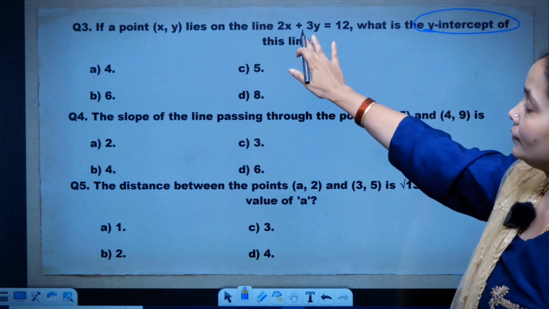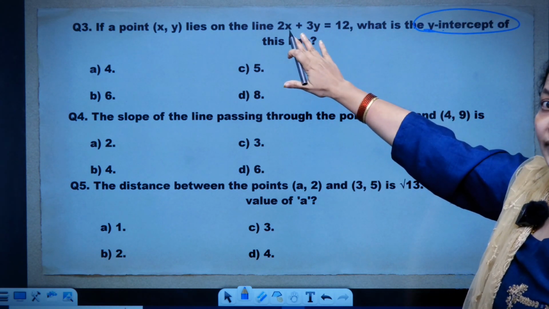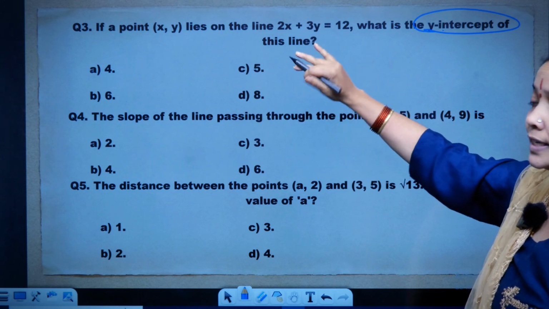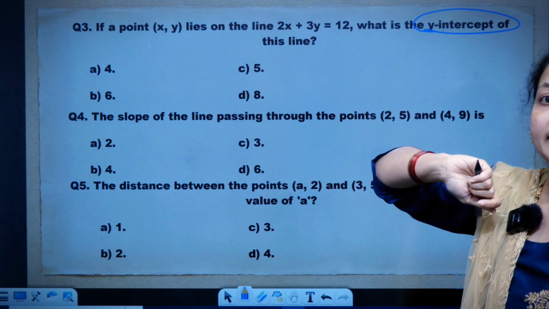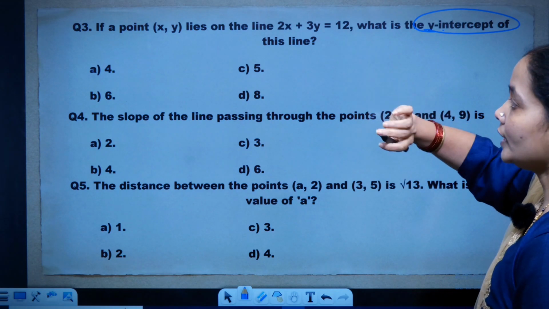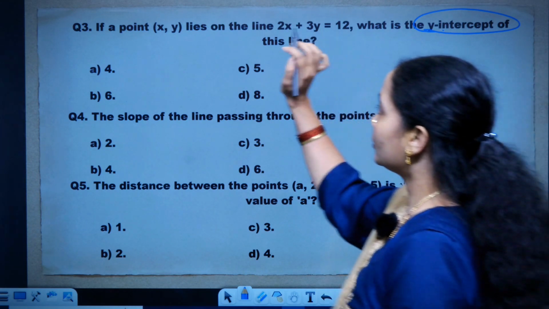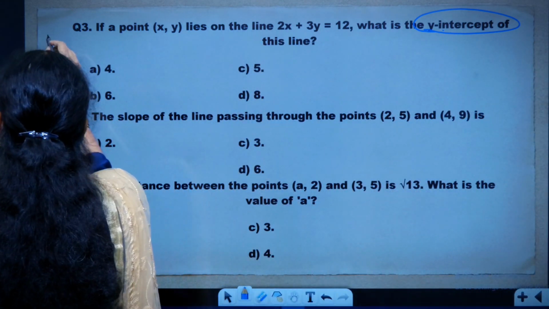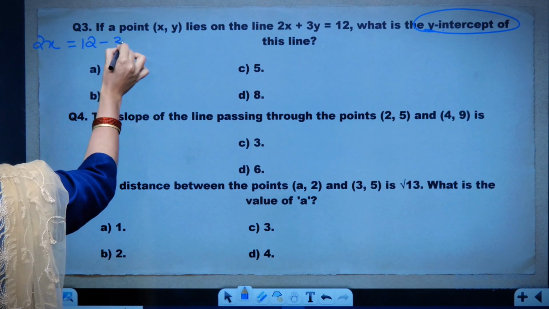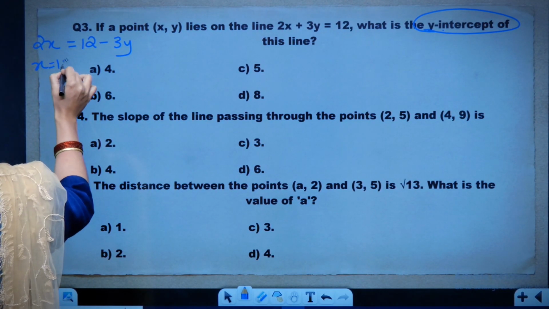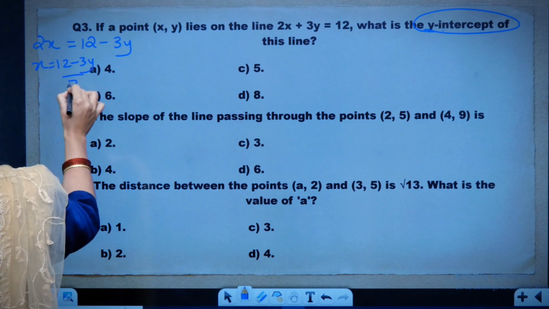So first I have to find the solution of this. When I find the solution of x and y and draw the line segment, I will be able to find the intercept here. Whenever we have to draw the graphical part of the equation, I will retain 2x equal to 12 minus 3y, and x will be equal to (12 minus 3y) divided by 2.